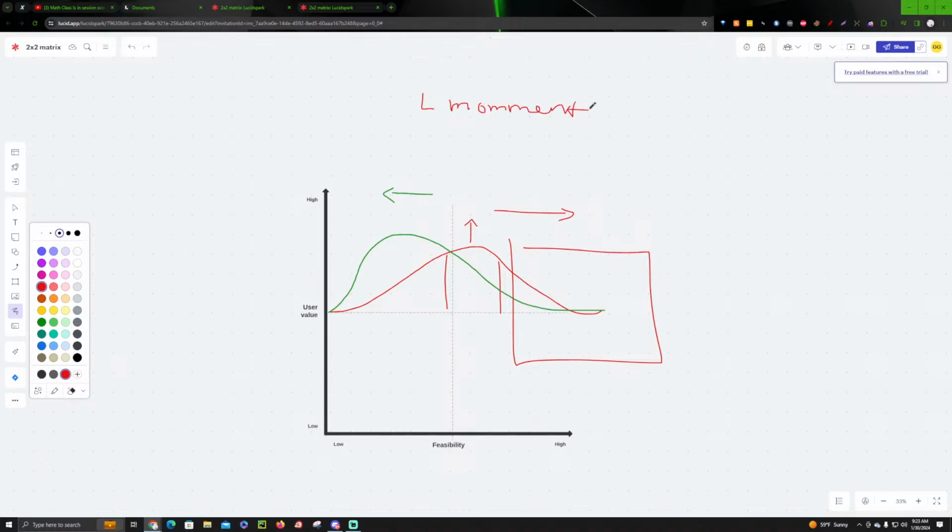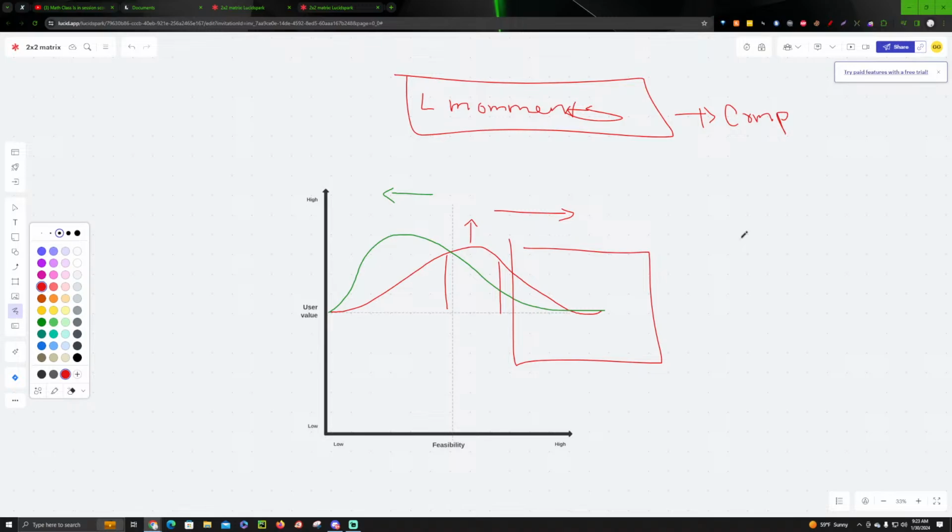So basically what L moments is, it's a comparison of different skews. That's ideally just what it is. So we're trying to get the L moments of the two different skews.